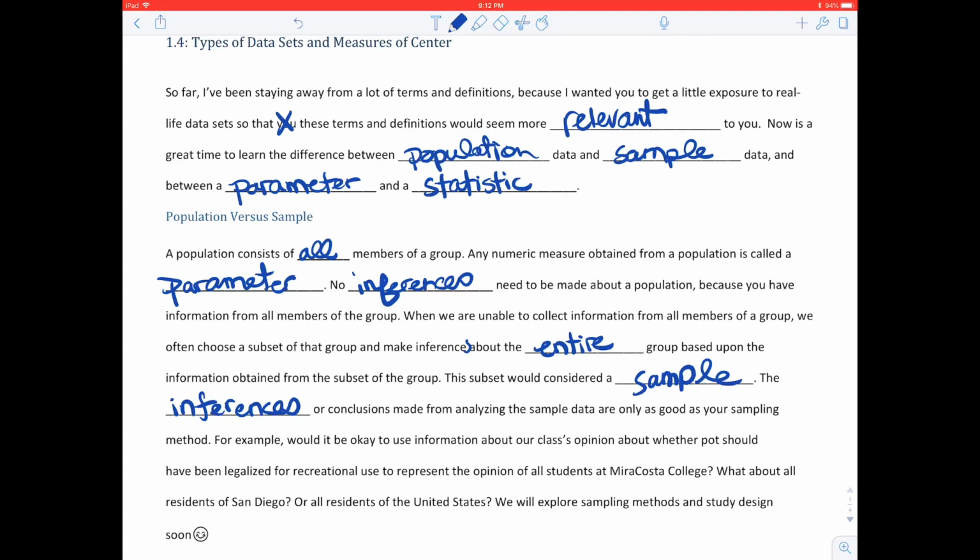But you stack your bets by using the correct sampling method, correct being a very loose term. The trick is you want to reduce bias from sampling as much as you can so that the inferences you make stand up over time. All right, so we'll get into that more later, but let's check out this situation.